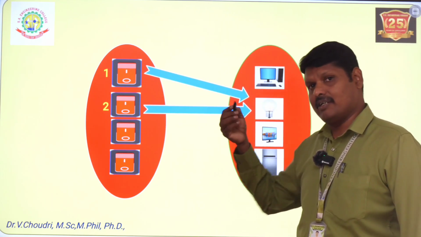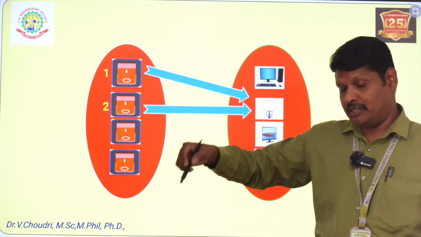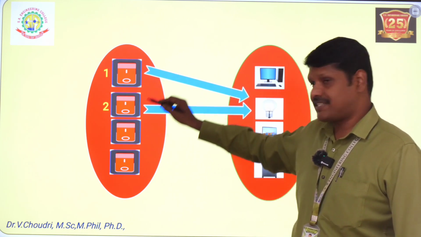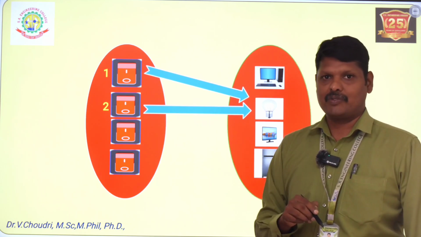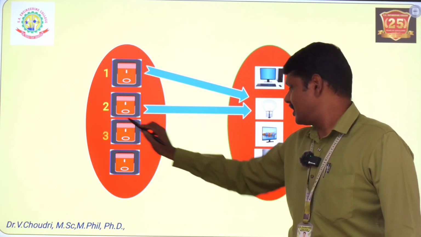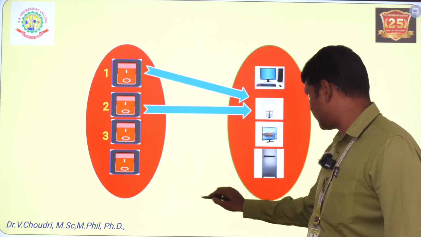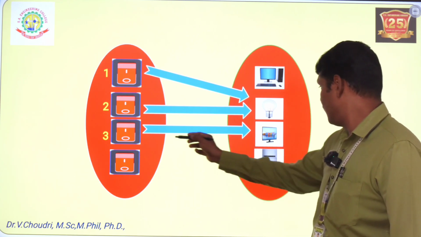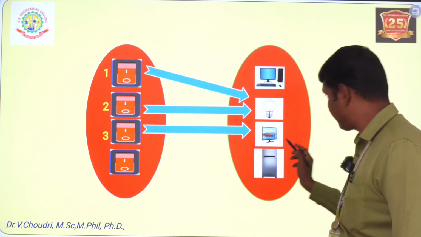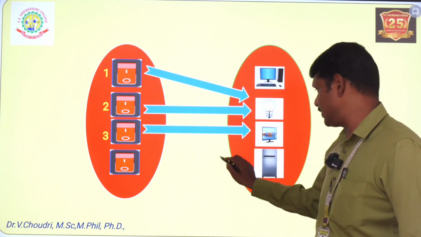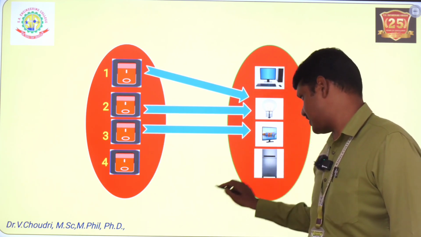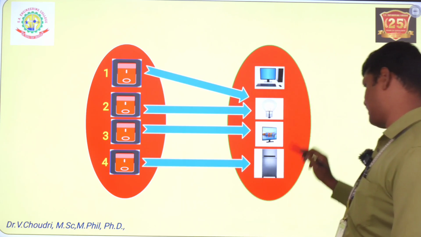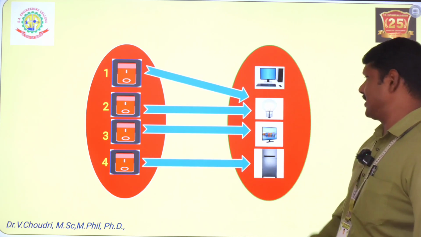Often you see in a bedroom or on a terrace, two switches connect with a single bulb. And see the third one. Third one connects with what? Maybe the system. Nowadays the system, smart TV, may connect with the refrigerator. That is your wish. And here the fourth switch, where is it connected? Yes, it is connected with the refrigerator.